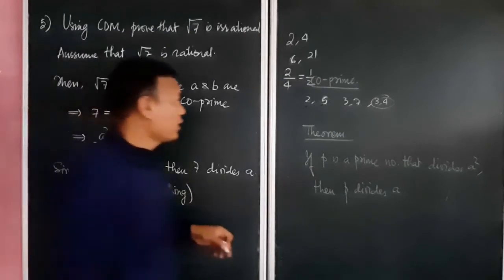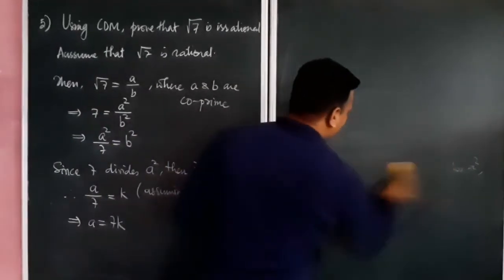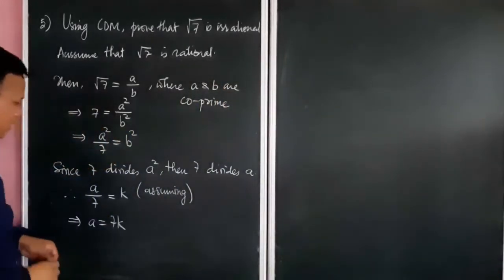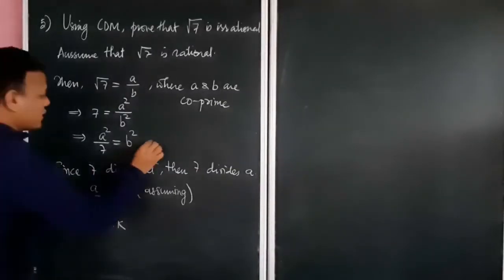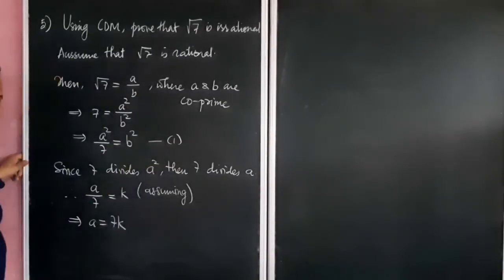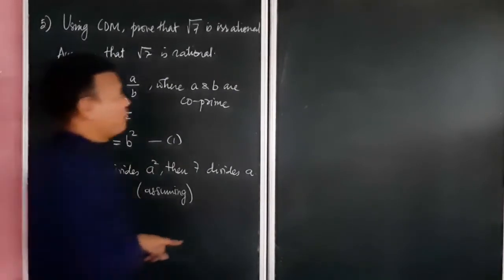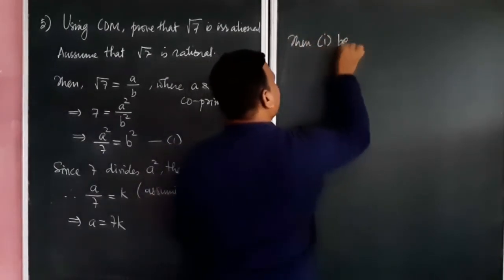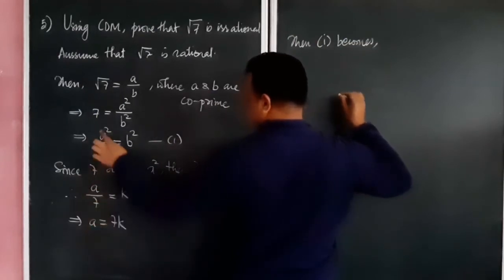Okay, I am erasing that part. So we have a equals 7k. Let us call this equation 1. So then, instead of a, I am writing 7k.